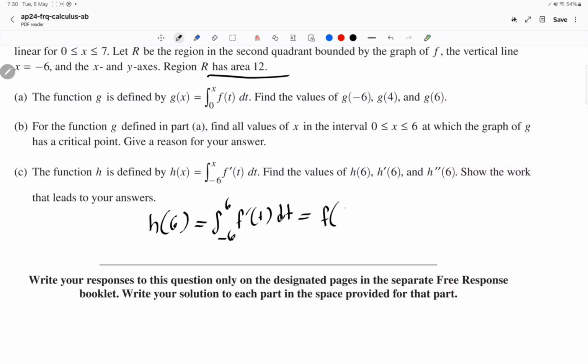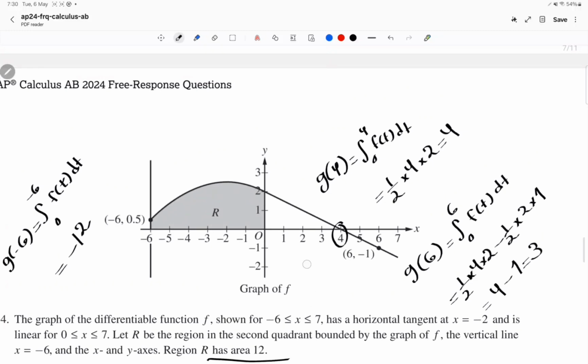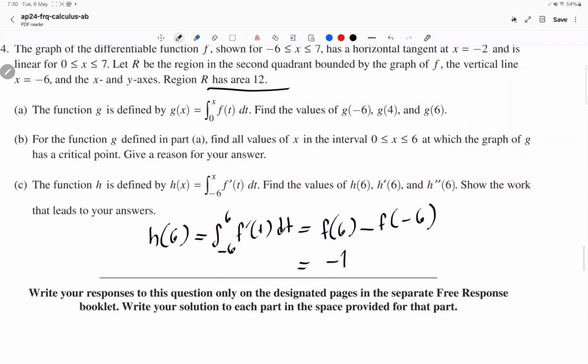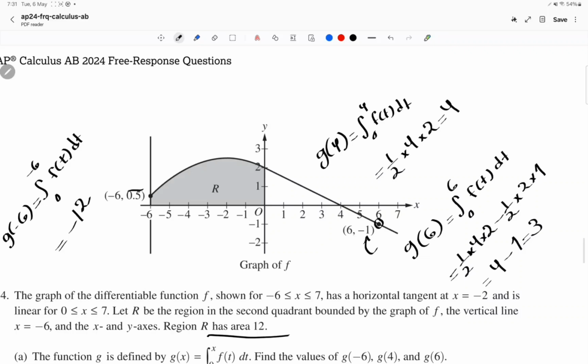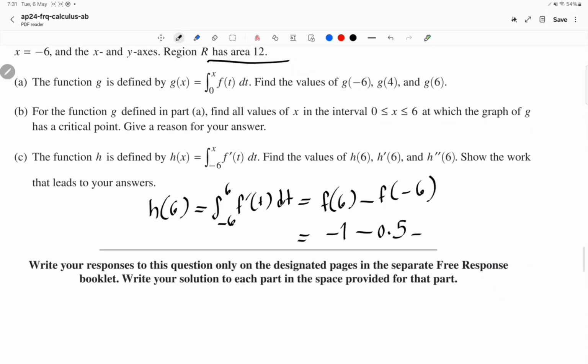So you're going to get f of 6 minus f of negative 6. Now go back to the graph and find out what f of 6 is. f of 6 is negative 1. And what's f of negative 6? 0.5. So minus 1.5. That's h of 6.